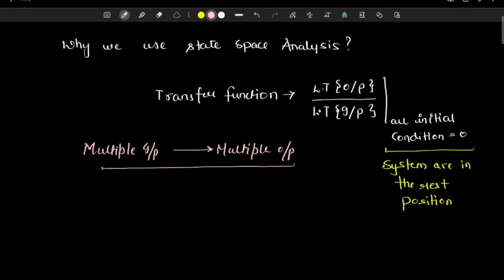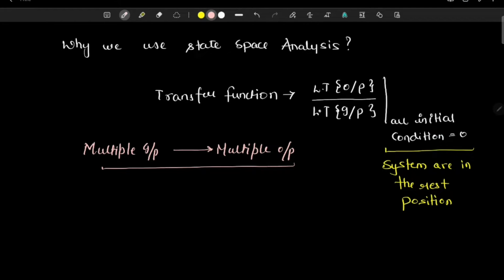No, right? So for this we use state space analysis. Because the analyses we have done with the help of the transfer function are done under the condition that the system is in rest position, with all initial conditions equal to 0.